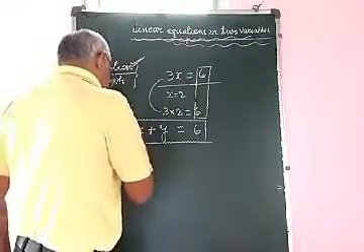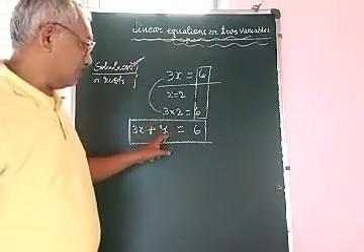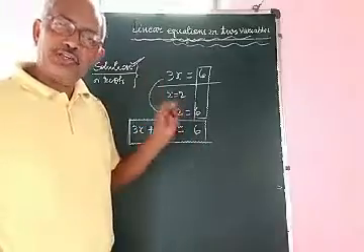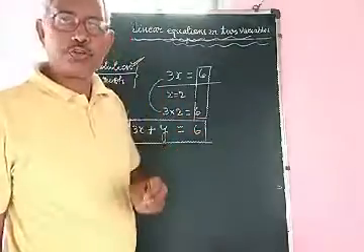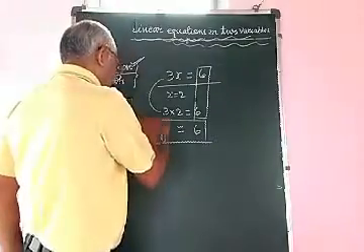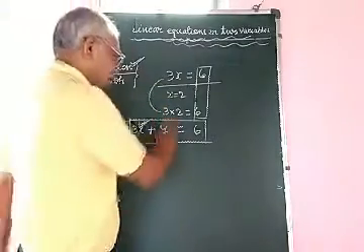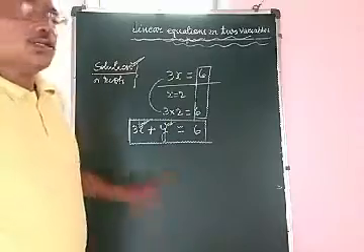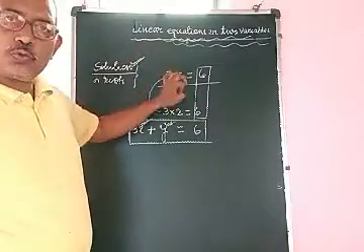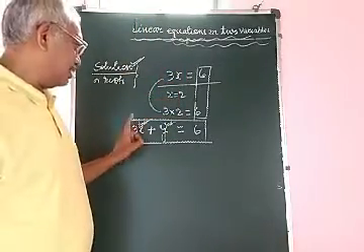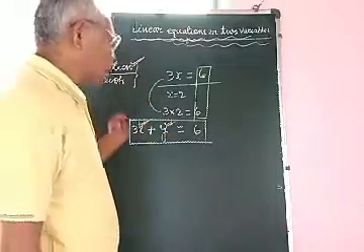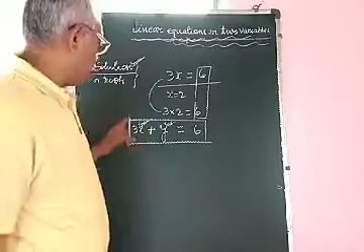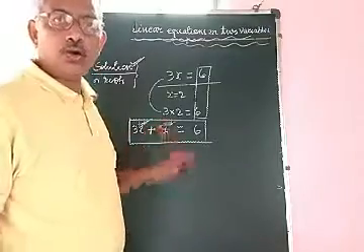But here there are two variables x and y. So linear equation in two variables has a pair of solution, one for x and one for y.